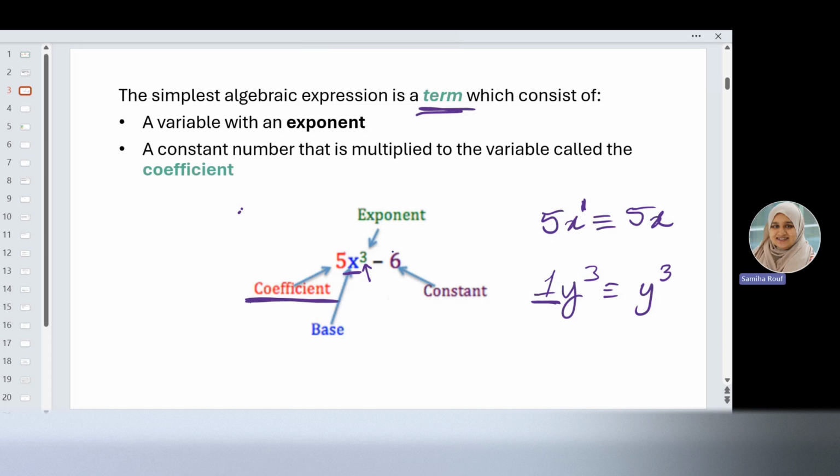Any term that has no variable attached to it is just a constant number. We see this 6 in 5x cubed minus 6. This is a constant. In actuality, you can write a constant number with a variable. In the case of the 6, it would be 6x to the power of 0, which is equal to 6 times 1, which equals 6.